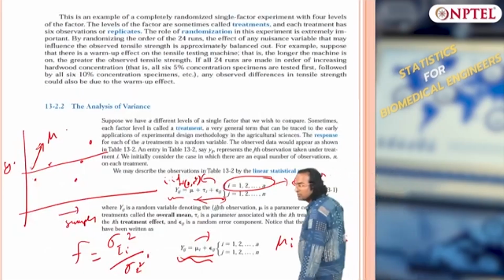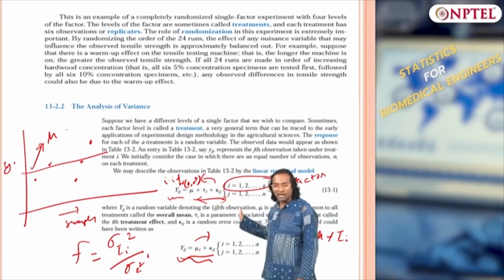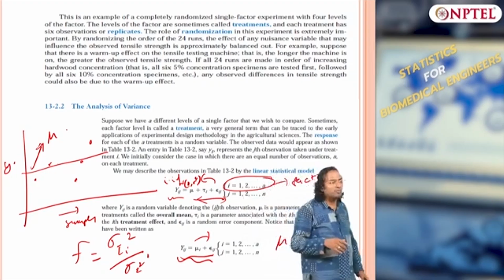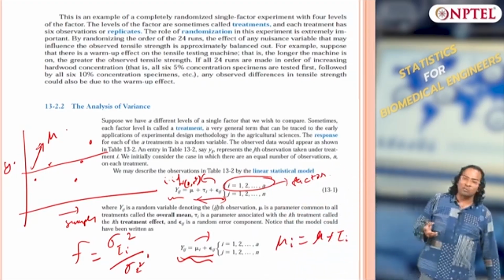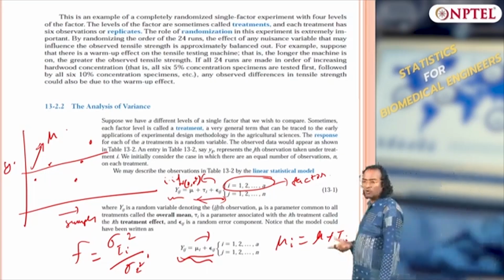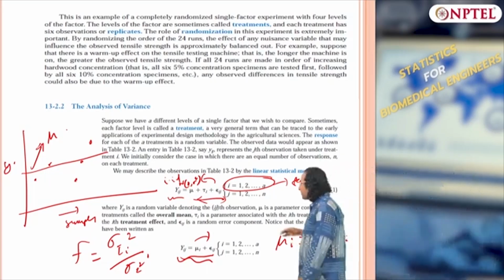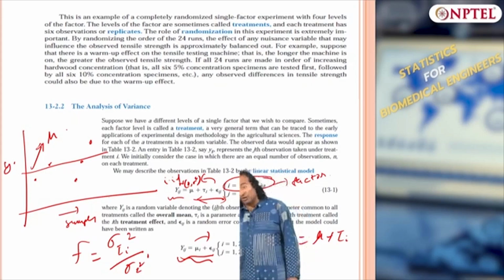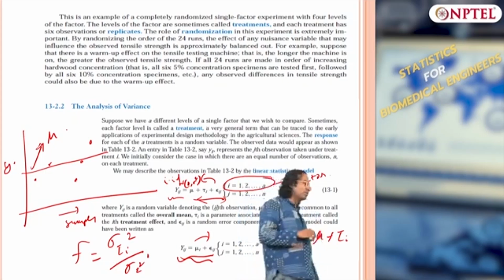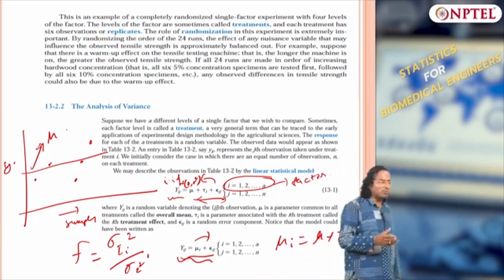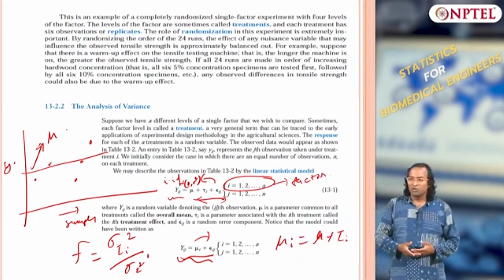Mu, right, because I have assumed the noise to have 0 mean. So the summation of tau i, not individual tau i, should be equal to 0, and I have assumed the mean of the noise also to be equal to 0.